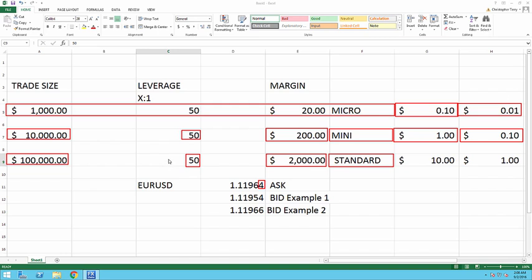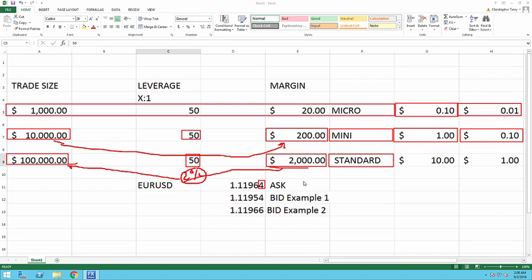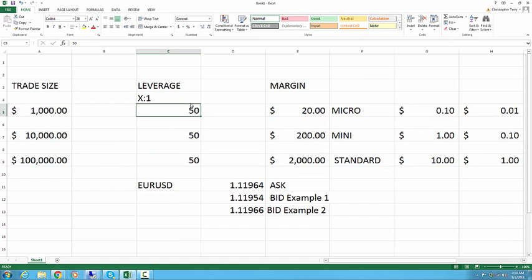We can also say that the deposit here is 2%, right? So 2% on 100,000 is 2,000, or 2% on 10,000 is 200. So however you look at it, you're putting a 2% deposit on $100,000, and you're leveraging all that money for just a little bit of deposit. Now, when the market moves up or down 1 pip, that's $10. A pipette is $1.